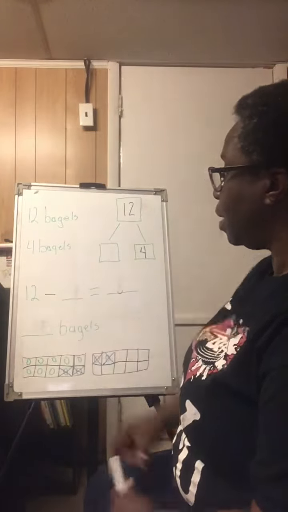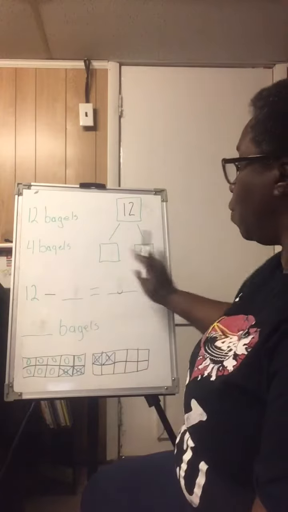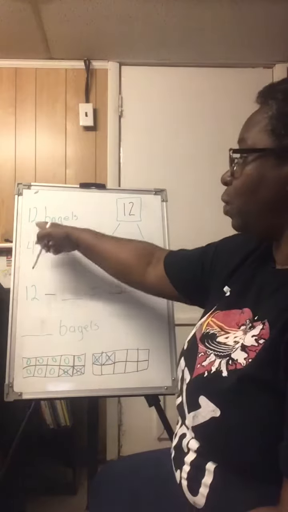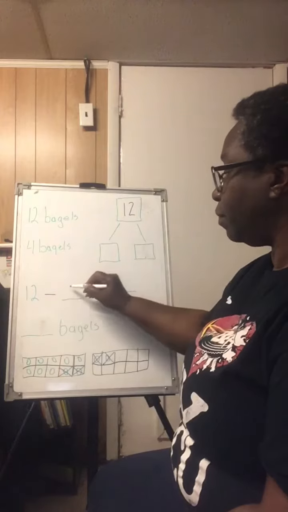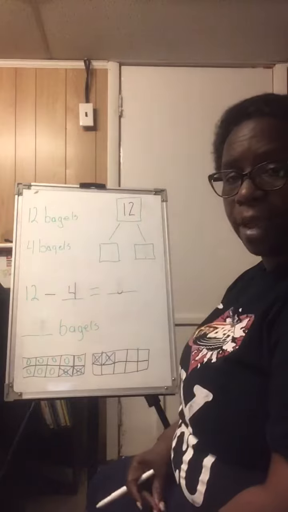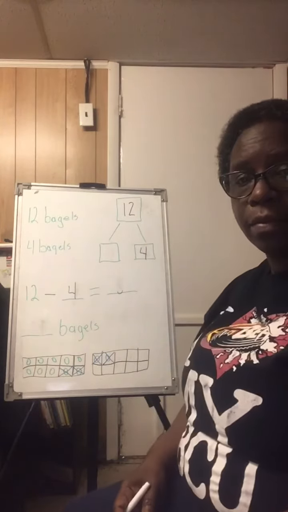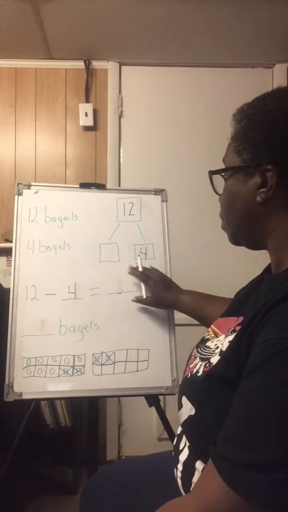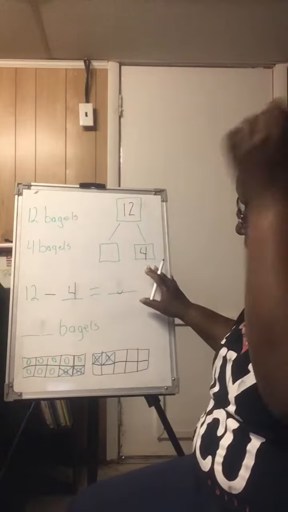Okay? So we had 12. They had given us the 4. So that's where we got our 4 from. Because they had 12, our big number. 4 was left. So we put our 4 in our math sentence. Then we're going to put our 4 in our box. Okay?